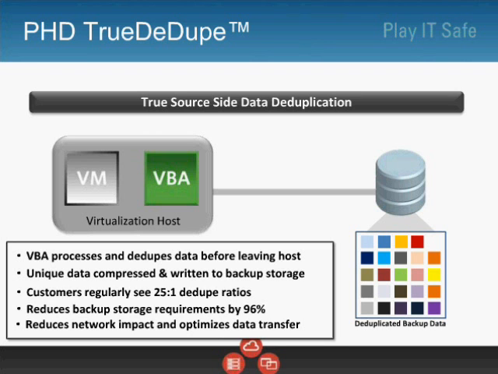There is a target side as well. Can you walk us through what that entails? Well, that will write data to the storage in native form, and then there's a background process that will analyze all of the blocks to see if there are any duplications.